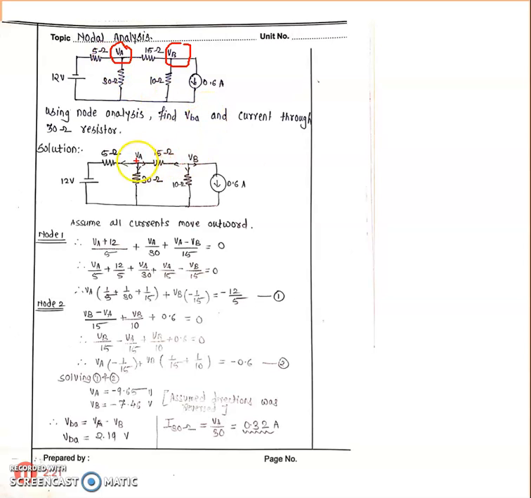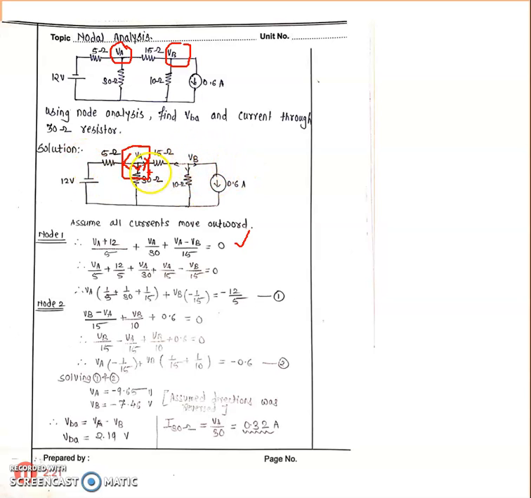What is the first step? At the node point, assume the current moves in outward directions. Keep this in mind. At the VA point, assume all directions are outward, then start to write the equation. After completing the equation, go to VB.